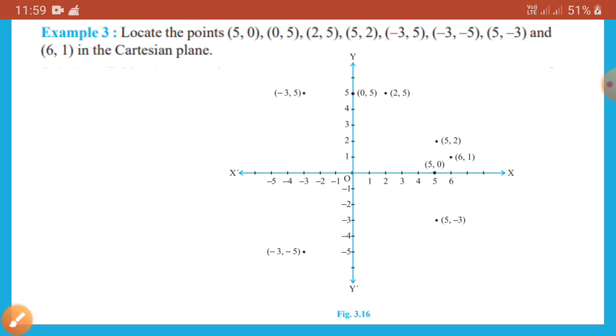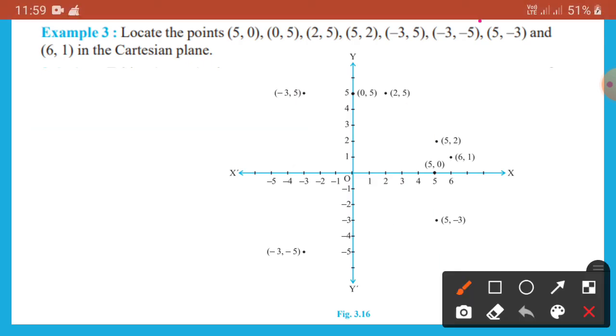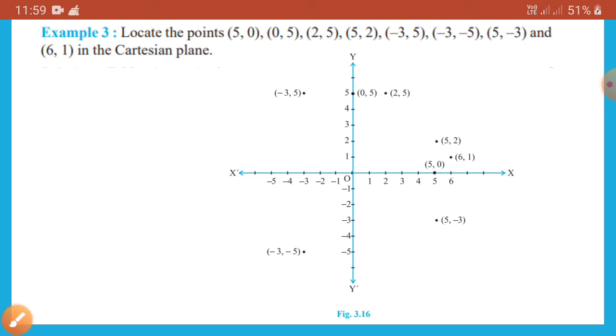Now the next point is (-3, -5). As both signs are negative, that means it is in the third quadrant, where the x coordinate is negative and y coordinate is also negative.